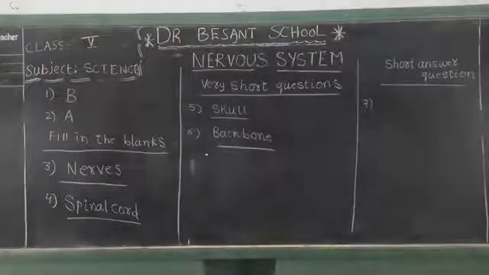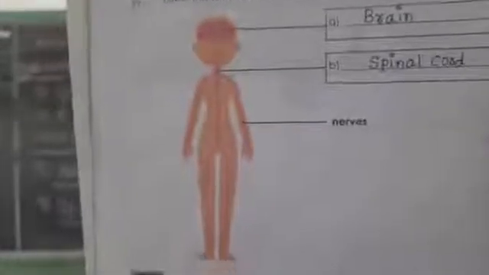I am showing you the diagram. Here, in the diagram you can see brain, spinal cord. What is given? Nerves, and about two columns are given. One is brain. This one is brain, and at the bottom, the tube-like structure is called spinal cord.